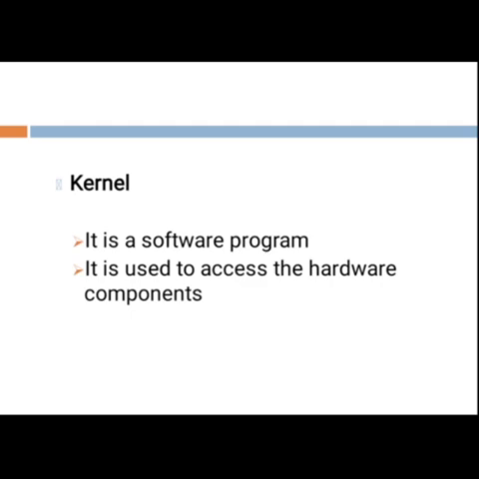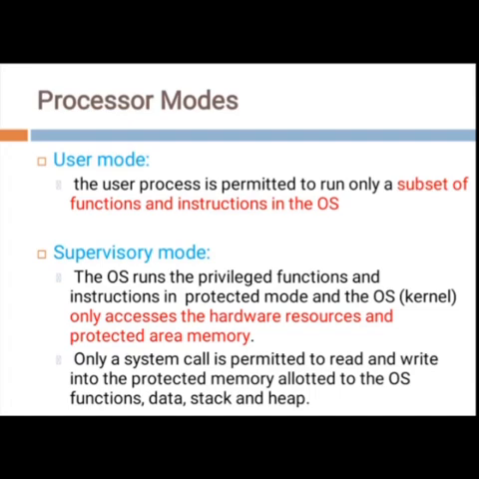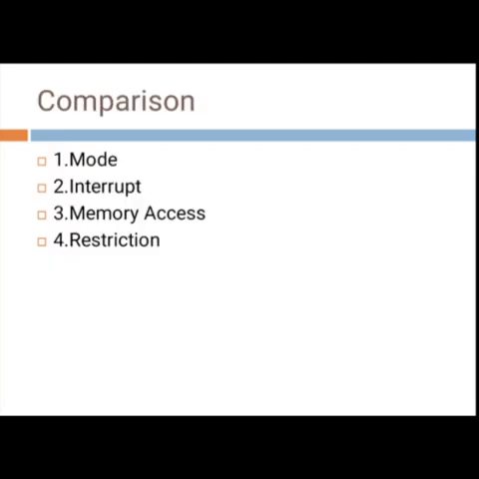Now we will see in detail about the processor modes. Already we have seen the different processor modes, that is user mode and the supervisory mode, or generally called kernel mode. Now we'll see the comparison of the supervisory mode and the user mode. There are mainly four parameters to be compared: mode, interrupt, memory access and restriction.